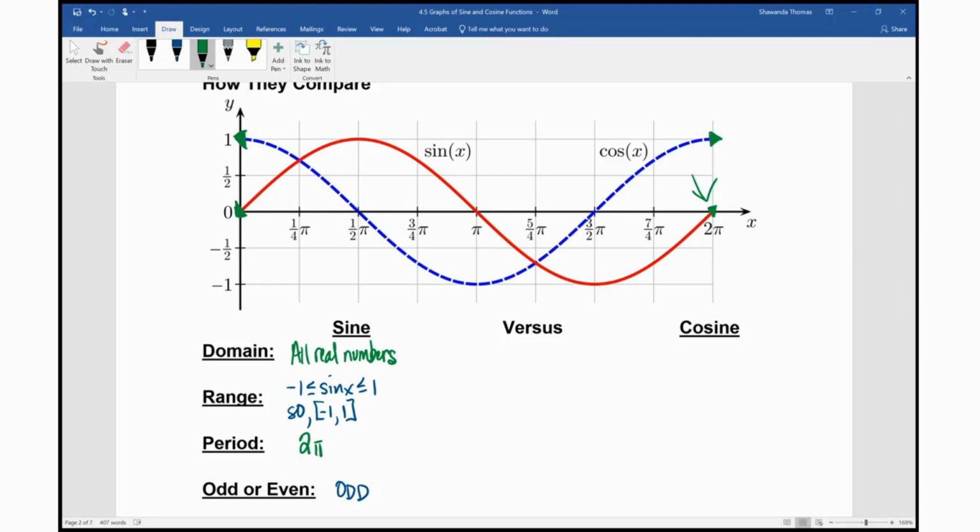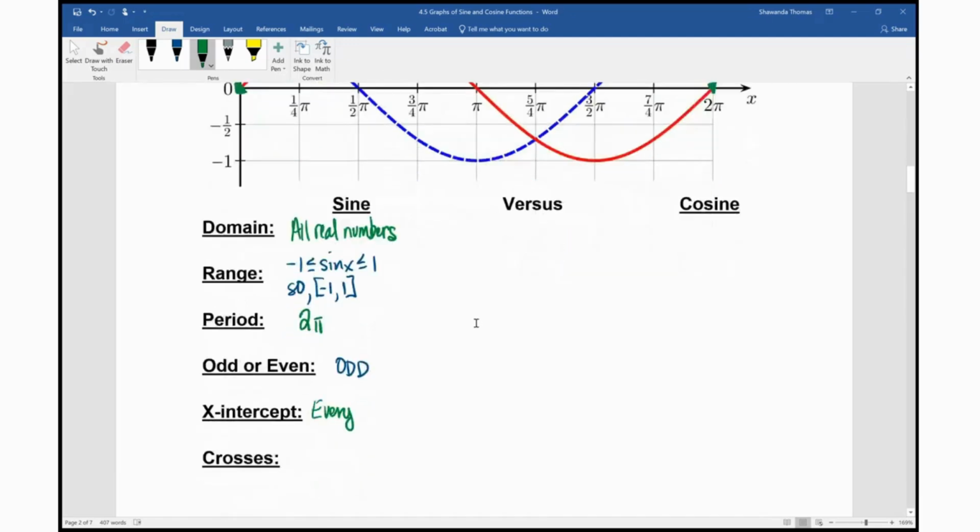So there's an x-intercept at pi, 2 pi, 3 pi, 4 pi, 5 pi, because it keeps going on and on forever. So we say every k pi, where k represents an integer. Every half circle, or half the unit circle, you get an x-intercept.